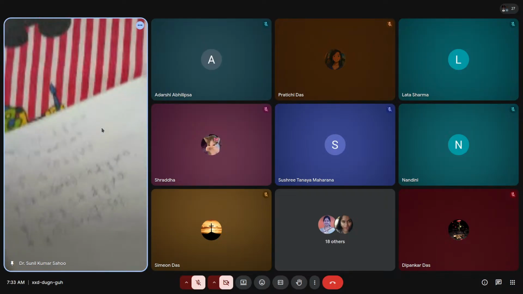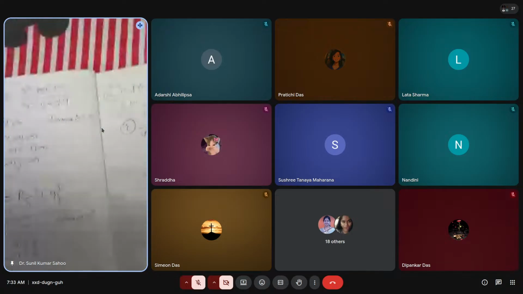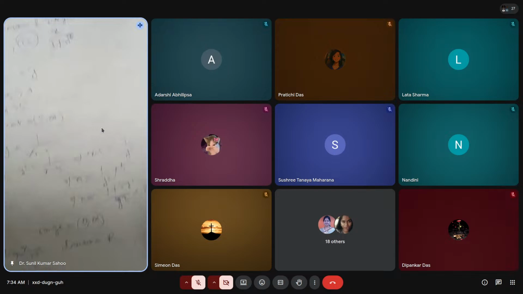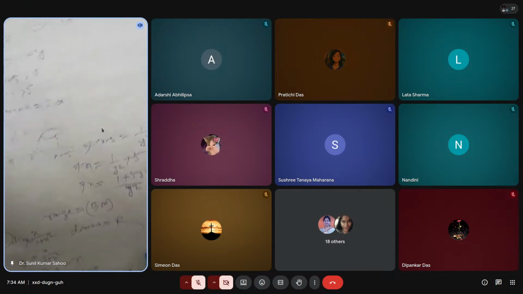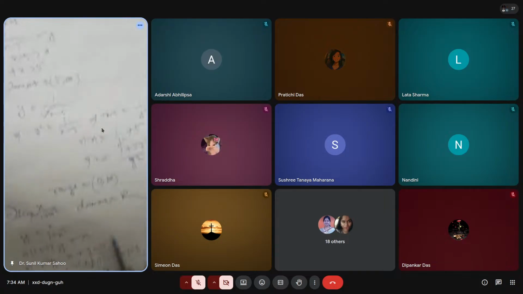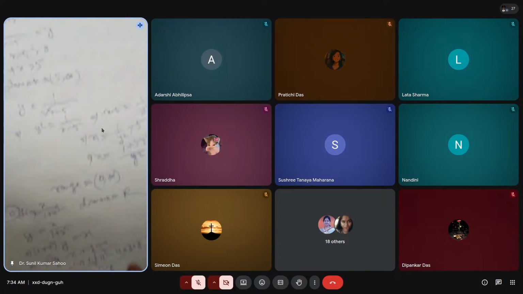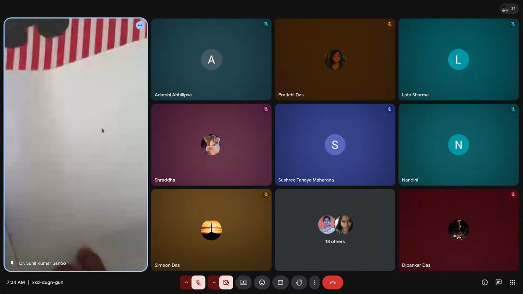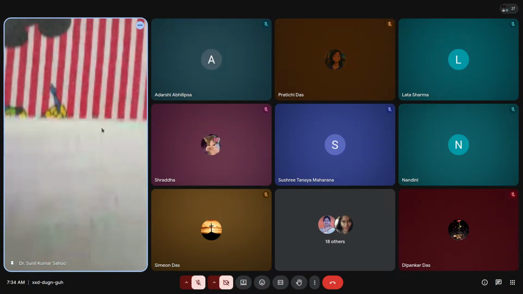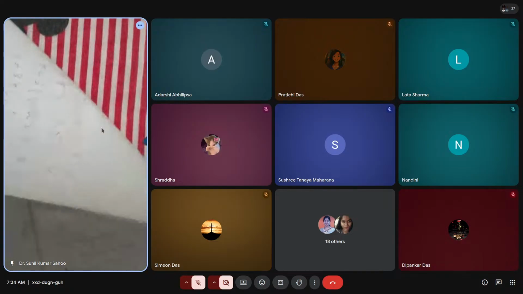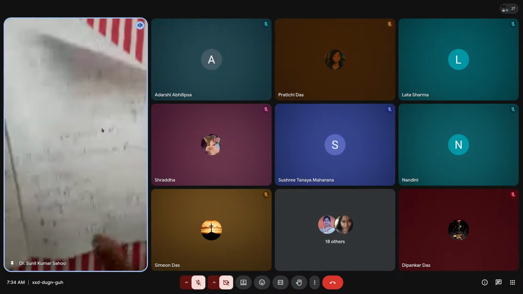In the domain we have written all real numbers. So for the range, if we put 0, then the function doesn't exist.